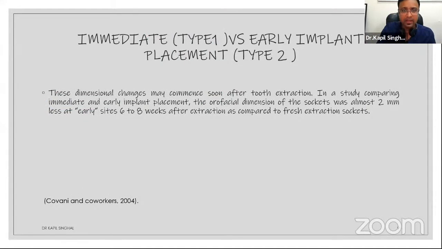Now a question arises: immediate type 1 or early placement type 2? Meaning, do I place an implant immediately after extracting my tooth, or should I wait for 6 to 8 months?